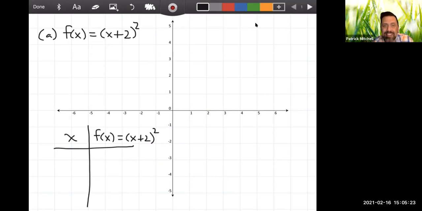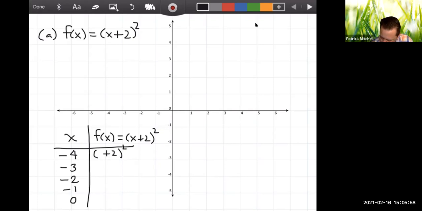So I am going to center my table at negative 2, and then I'll just pick a couple of x values that are less than that and a couple of x values that are greater than that. A couple of x values that would be less than that would be like negative 3 and negative 4. And a couple of x values that would be bigger would be negative 1 and 0, right? Now I am going to plug those into my function.